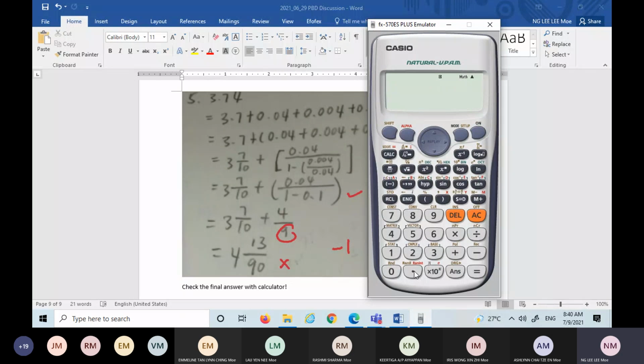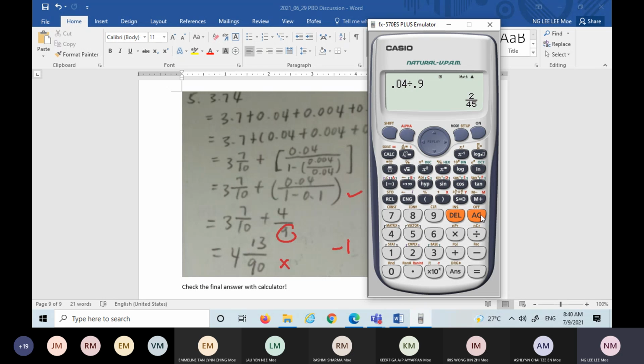If I use a calculator, 0.4 divided by 1 minus 0.1 is 0.9, so 2 over 45, or 4 over 90. She missed a 0, don't know how.